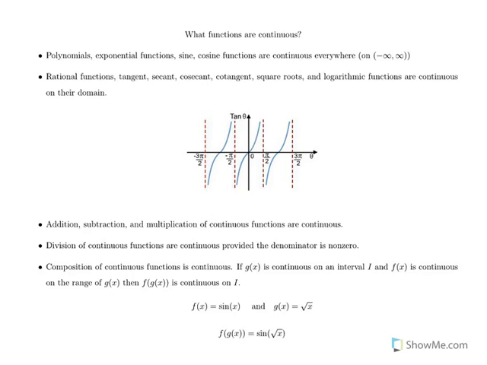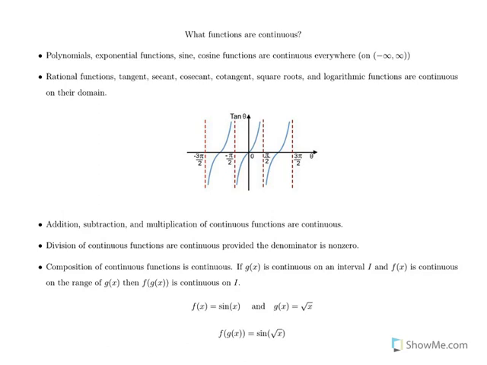Then basically the next group is all the other functions we deal with, and that is rational functions, tangent, secant, cosecant, cotangent, square roots, logarithmic functions. Those are all continuous on their domain. So there's something weird that happens on those special points, not in the domain, but on the domain it's continuous.